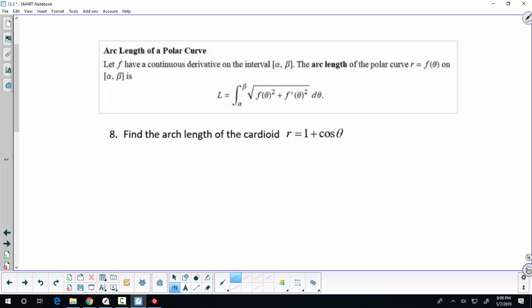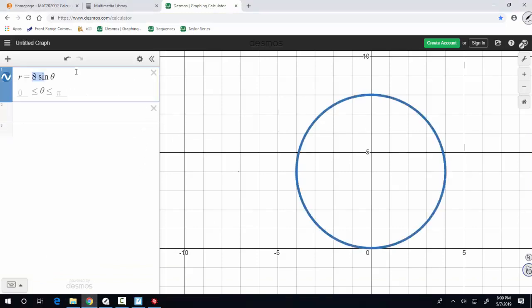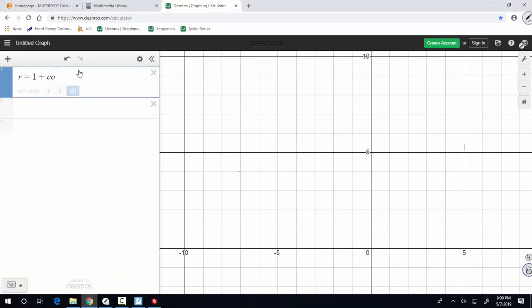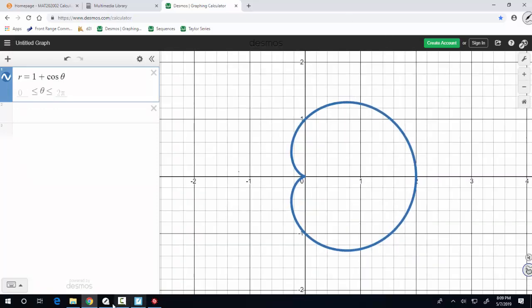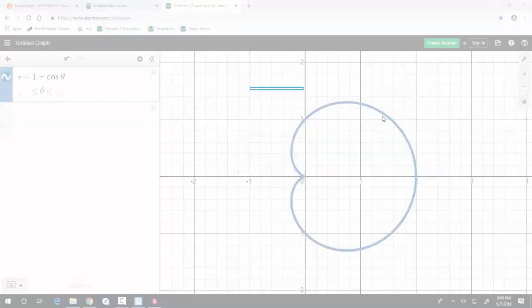Let's find the arc length of the cardioid 1 plus cosine theta. Go ahead and put that graph. So we're going to find the arc length of that.